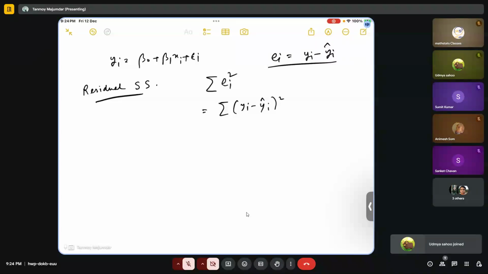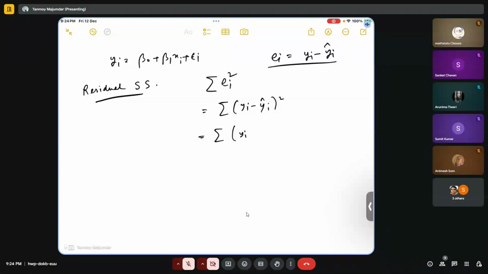So we can just replace yi hat by the equation. So if we use y equals to a plus b xi, where a hat is the estimated value of beta naught, and b hat is the estimated value of beta 1.